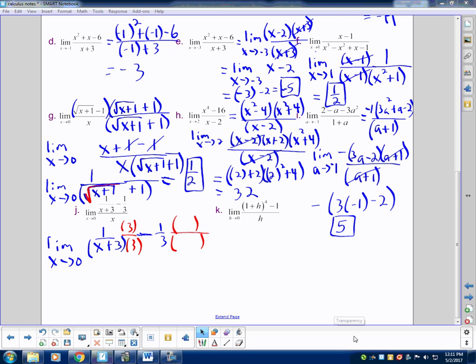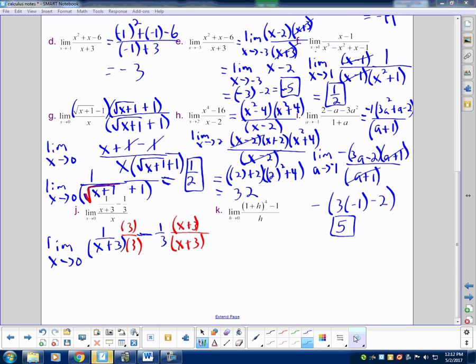I want the lowest common multiple here of x plus 3 and 3, which is going to be 3 times x plus 3. So I got to multiply the 3 by, well, a very carefully chosen one. It's x plus 3 over x plus 3. So I'm multiplying 1 over 3 by x plus 3 over x plus 3, and 1 over x plus 3 by 3 over 3. And then I don't forget the bottom.